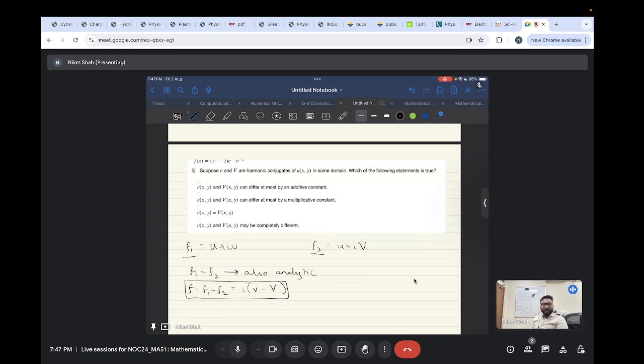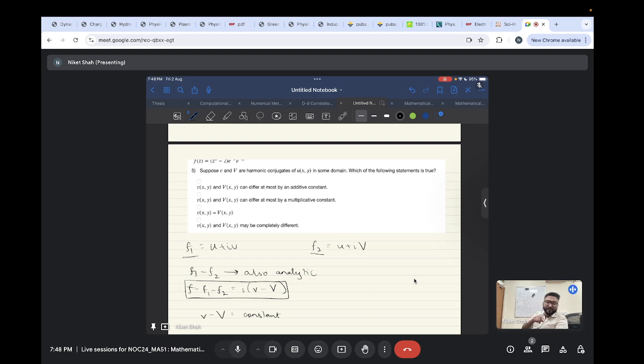For this function to be analytic, v minus capital V has to be a constant. Why? Because if you think about the Cauchy-Riemann conditions, for this function there is only an imaginary part, there is no real part. So del u by del x and del u by del y both are zero. But on the right hand side, they are non-zero if v minus capital V is not a constant.